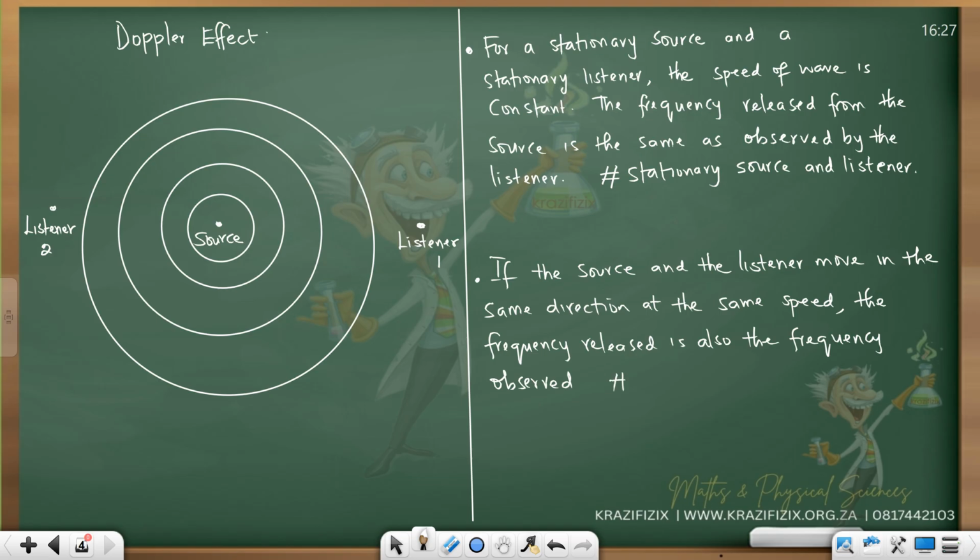Put a hashtag here: same traveling speed of source and listener.